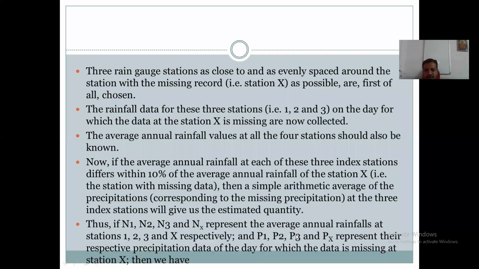Then P1, P2, P3 represent their respective precipitation. The precipitation of each of those stations is denoted by P1, P2, P3. P1, P2, P3 are the precipitation of these known stations, and Px is the precipitation of the missing station.